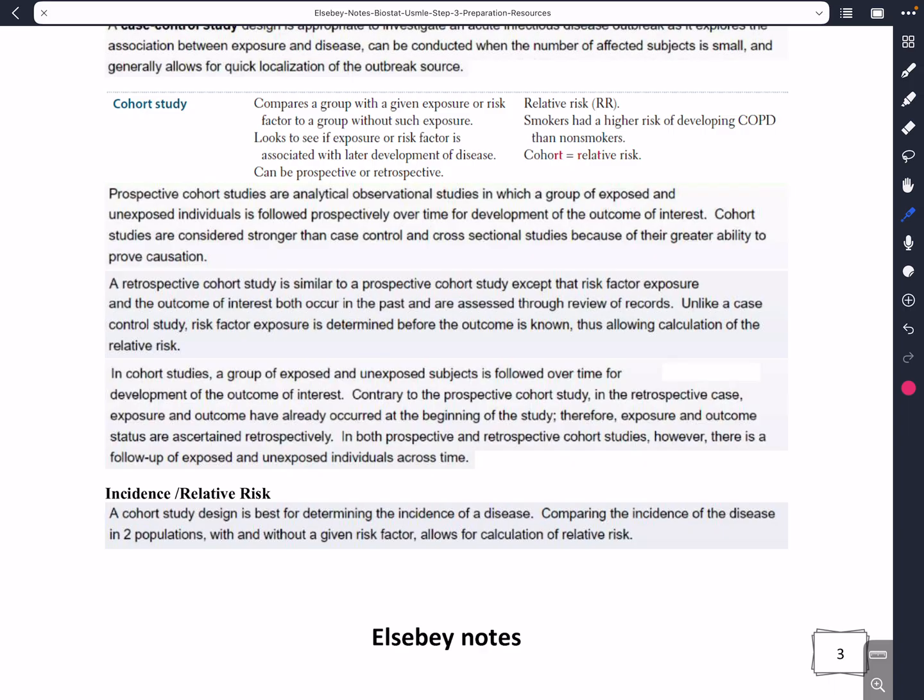So if you are in 2025 and you're looking at past records going backwards from 2024, 2023 to 2000, that would be a retrospective cohort study.